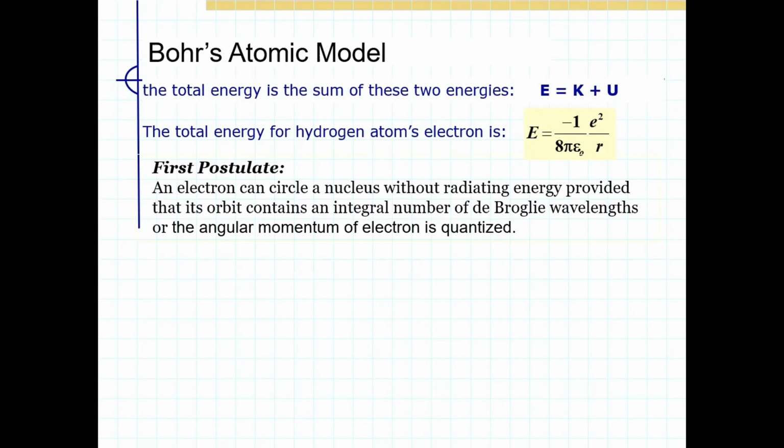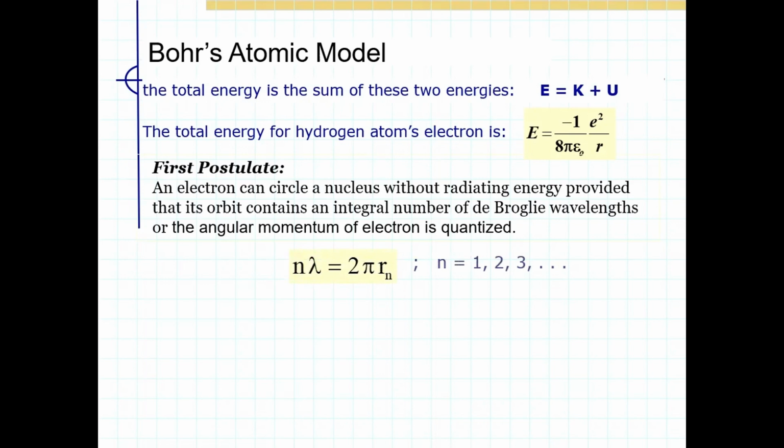to fit an orbit. The circumference must be equal to 1 de Broglie, 2 de Broglie, 3 de Broglie wavelengths, 1, 2, 3, 4, not half, not 3 by 2. It must be an integral number of de Broglie wavelengths.